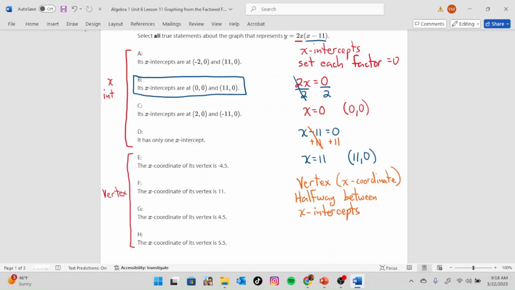So, if I know that one of my x-intercepts is at 0, and I know my other x-intercept is at 11, I can add these together and divide by 2. So that's going to give me 11 divided by 2, which equals 5.5. So that means choice H is the correct x-coordinate for the vertex at 5.5.